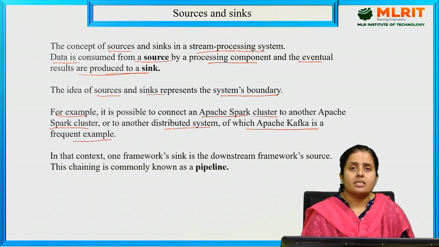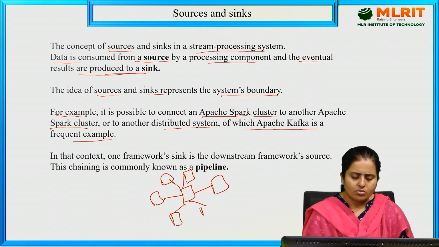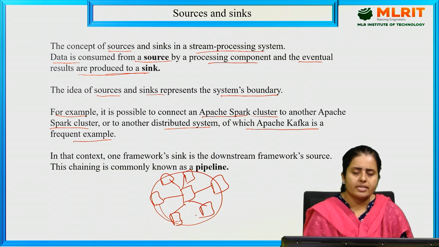Here, as I have told you, Apache Spark works in a distributed manner. One master system controls all the other systems, right? So all these systems work in a distributed and parallel processing model.